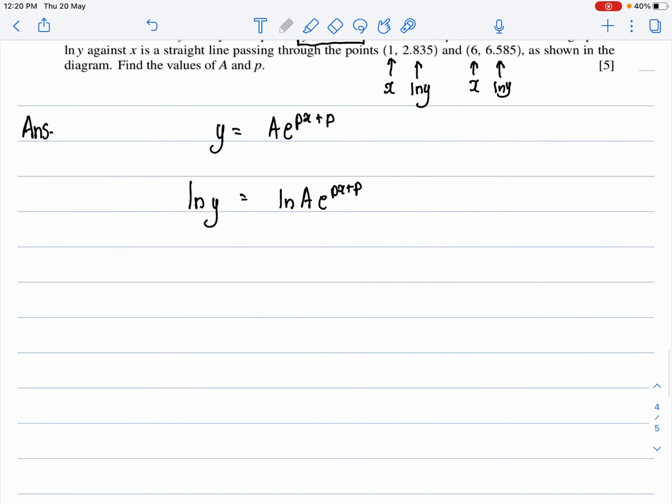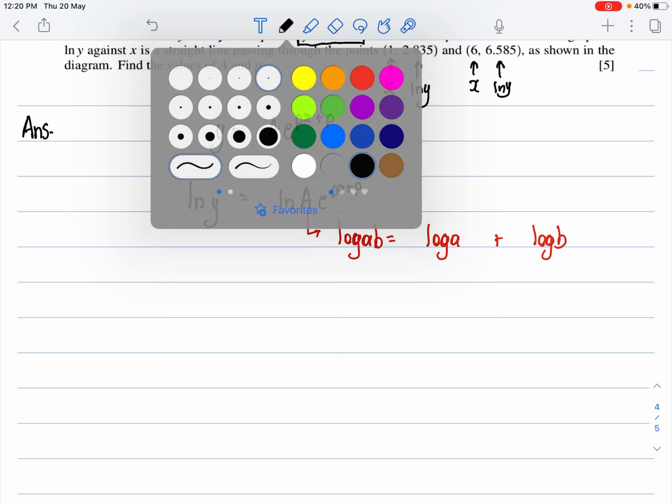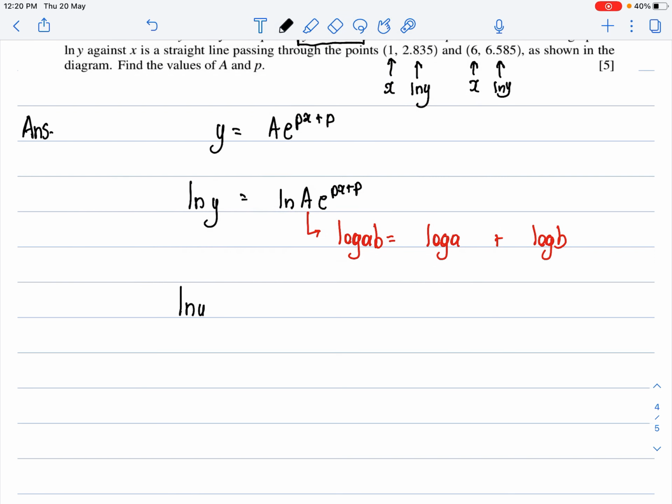So now first I can use the property that log AB is equal to log A plus log B. Using this property I can write this as ln y equals ln A plus ln e raised to px plus p.